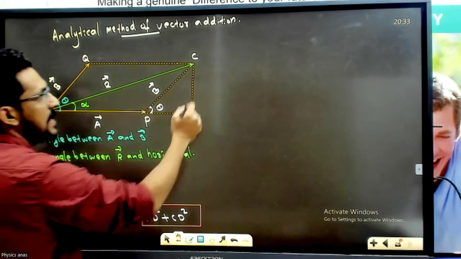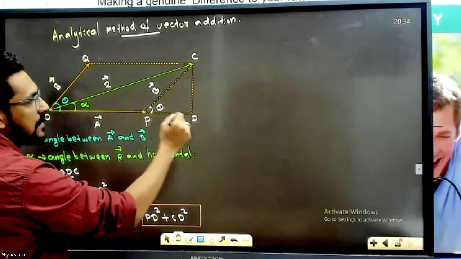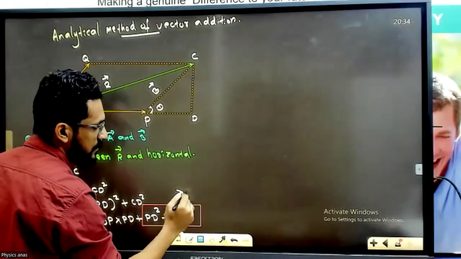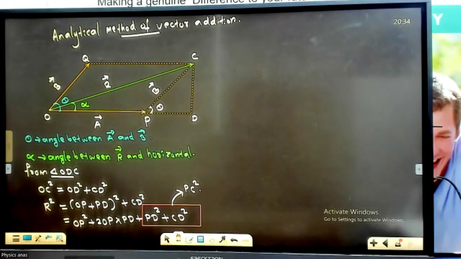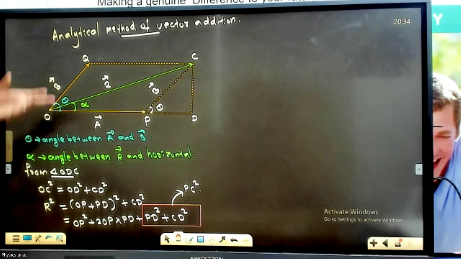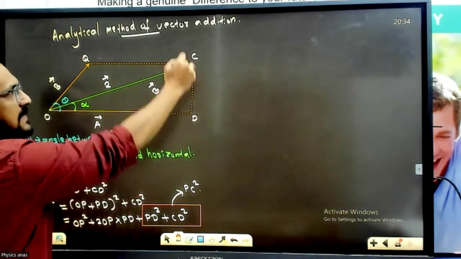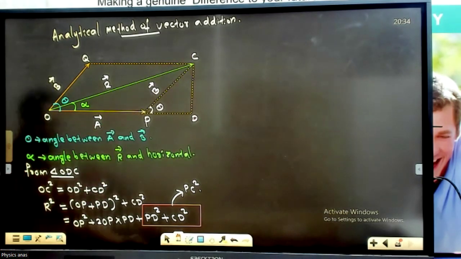From triangle PDC, PD square plus CD square will be PC square. So you can substitute that. Did you understand why this is PC square? This is base, this is vertical, so base square plus vertical square will give you hypotenuse square.